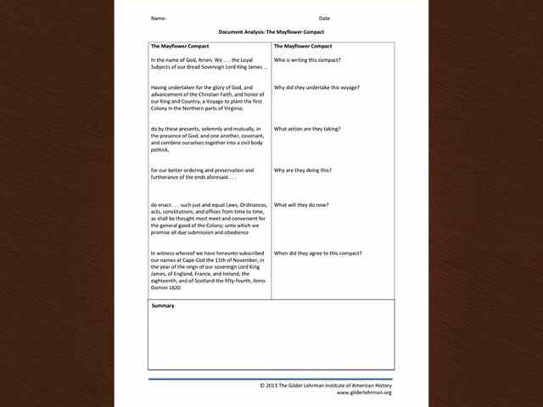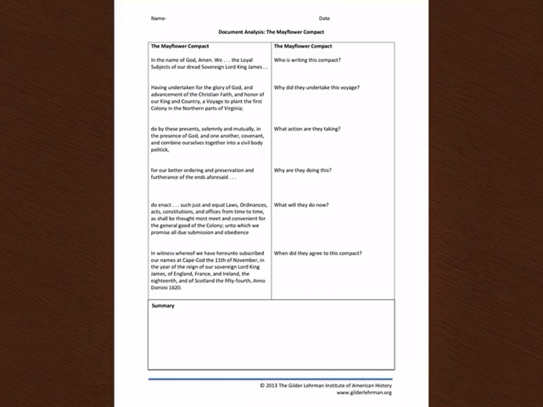Do enact such just and equal laws, ordinances, acts, constitutions, and offices from time to time as shall be thought most meet and convenient for the general good of the colony, unto which we promise all due submission and obedience. So what will they do now? They are coming together and signing this contract, right, to do the action that they were doing and why they were doing.